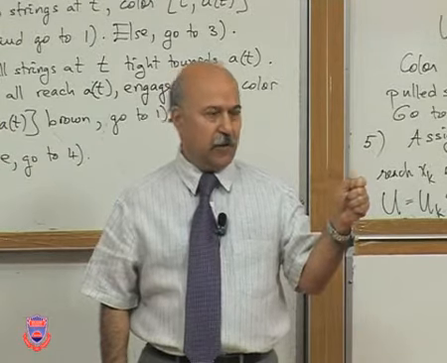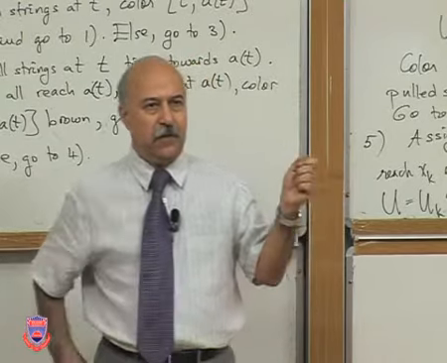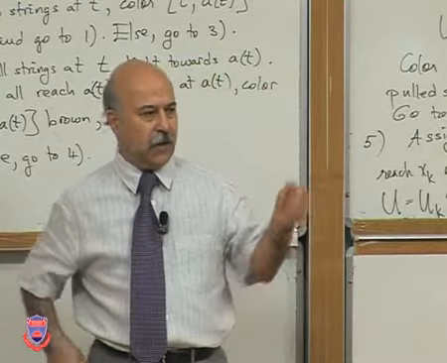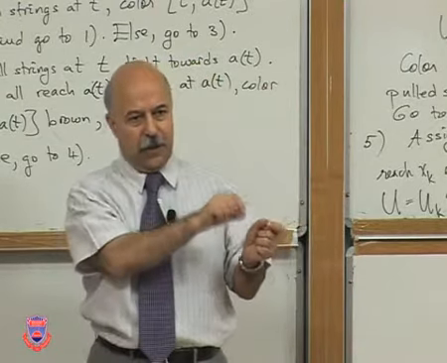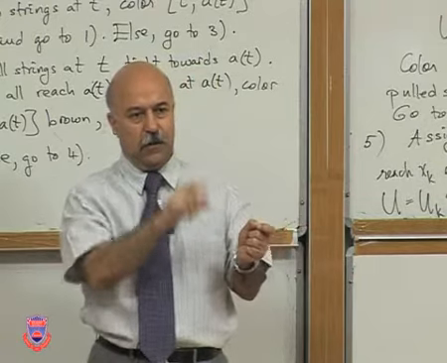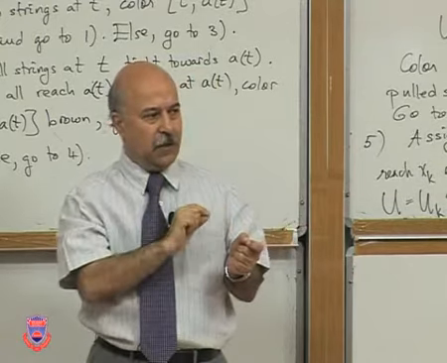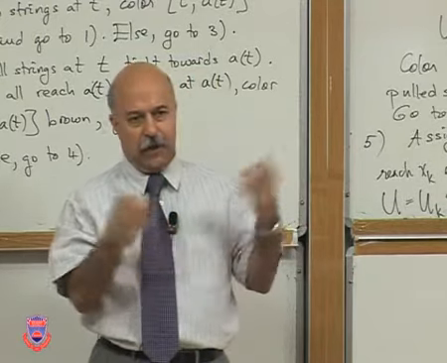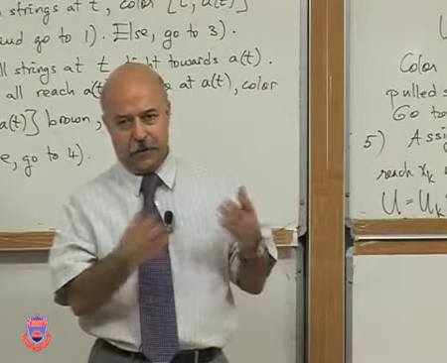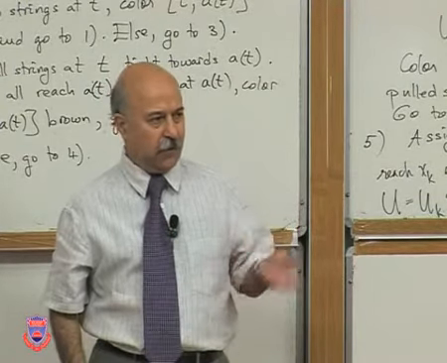Let's take the case first where it reaches. If it reaches, you simply color the portion between T and the adjacent vertex brown, and then you go back to repeat the procedure with the new situation.